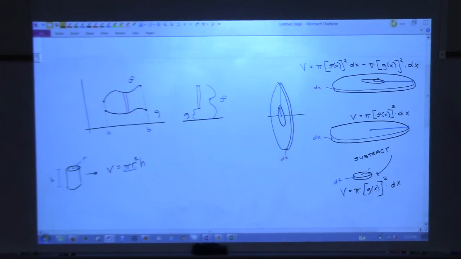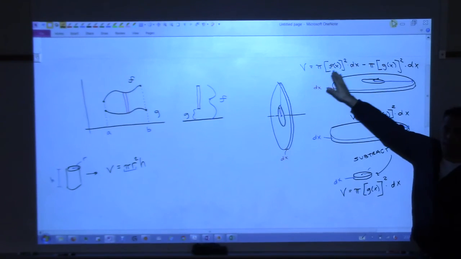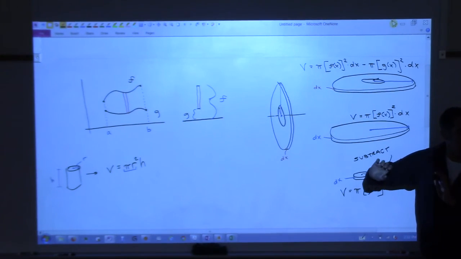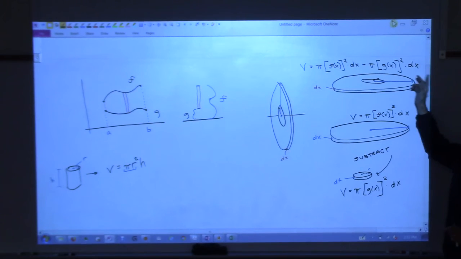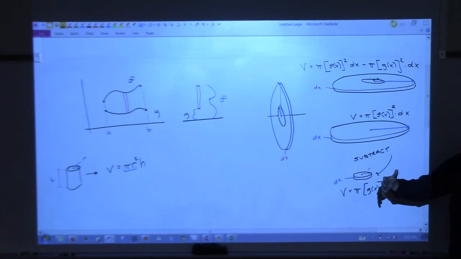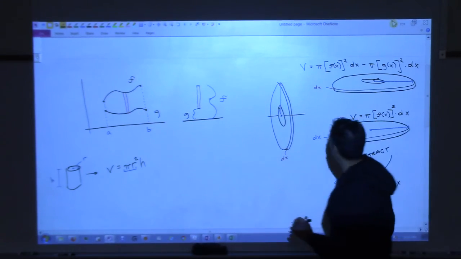And as bad as that formula looks, they both have pi in them, right? So I could pull that out. And they both have dx in them, which I could pull out, couldn't I? Now watch the way I write it.